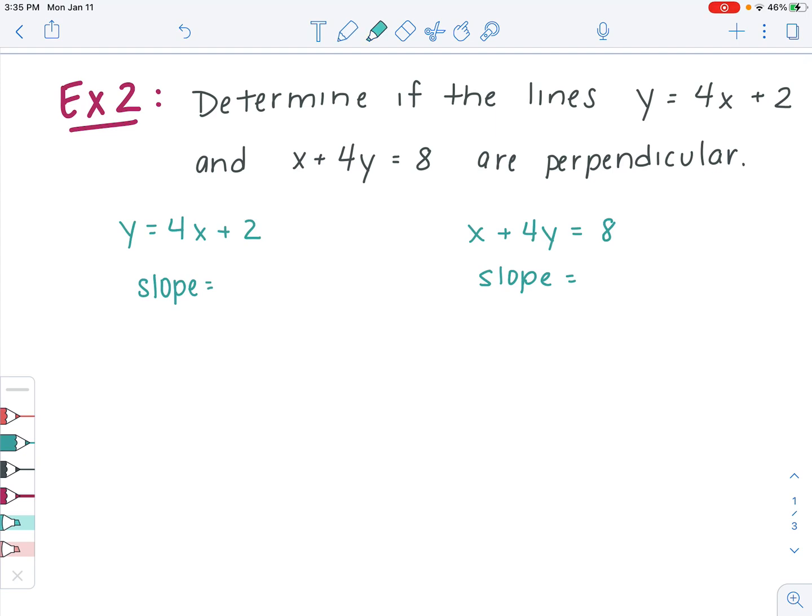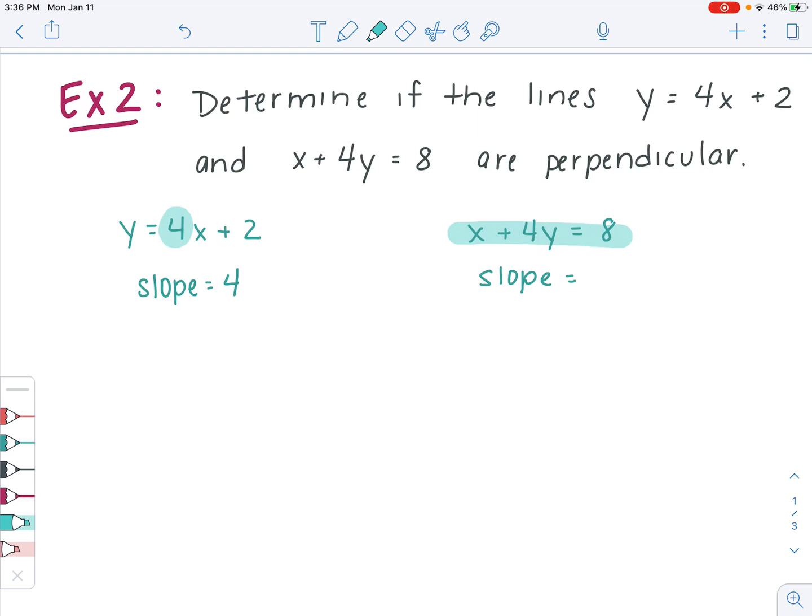I can see right away in the first example, y equals 4x plus 2, the slope of this line is just 4. Now when I look at x plus 4y equals 8, I can't pick the slope out of that equation because it's not in y equals form, so I need to rewrite that.